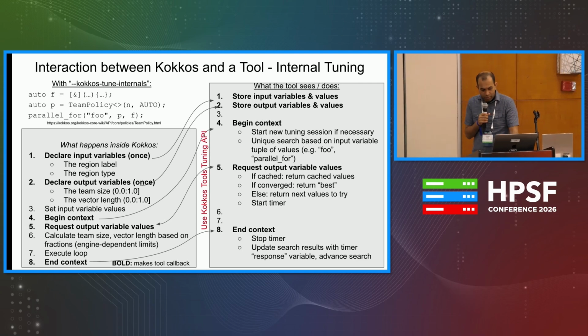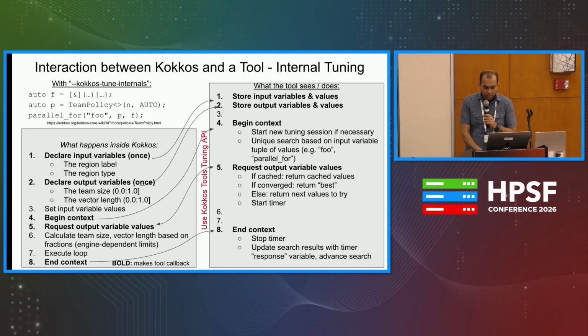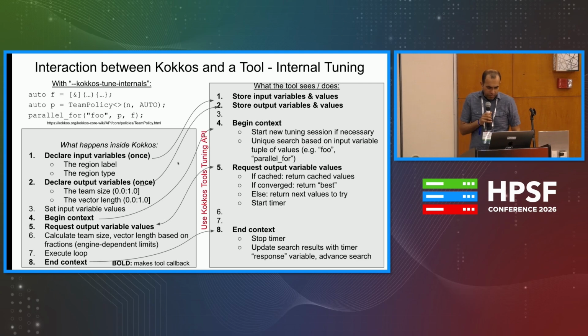This happens within the Kokkos Tools library, and there's something called a tuning API that enables this. And then there's declare output variables once, which stores the output variables, and then there's a begin context.